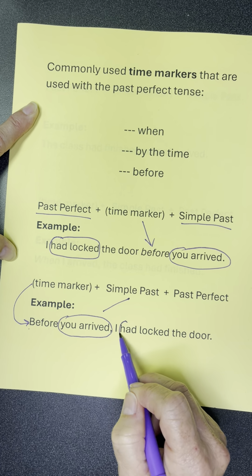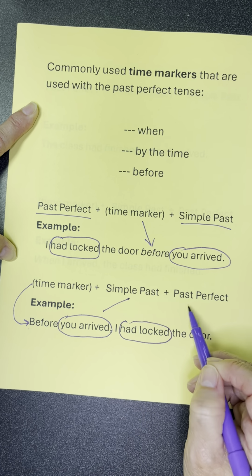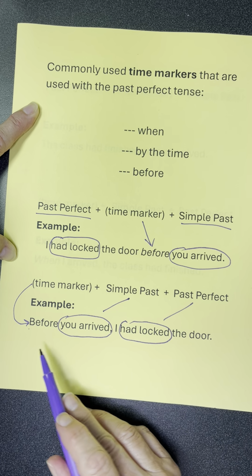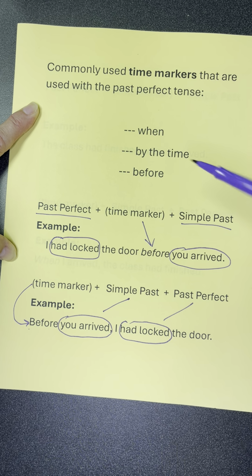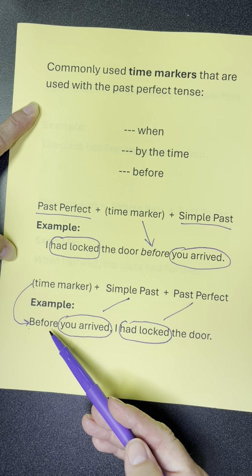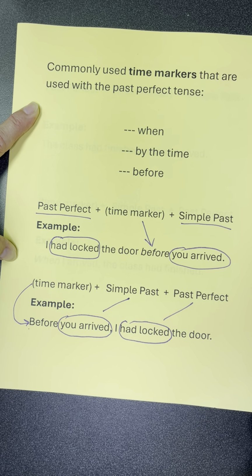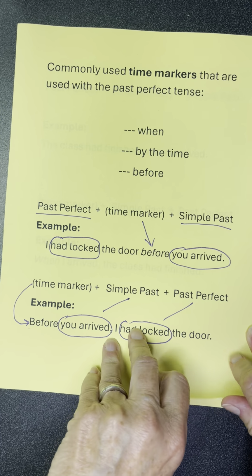I had locked the door, and there's your past perfect. So again, when I use before at the beginning of the sentence, I need a comma. When it comes in the middle of the sentence, no comma.